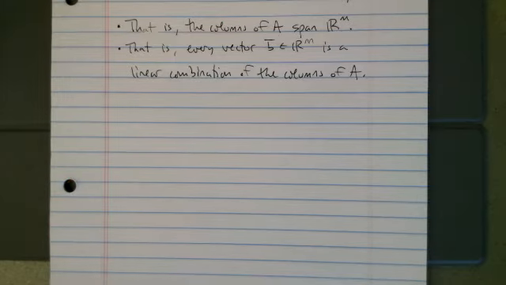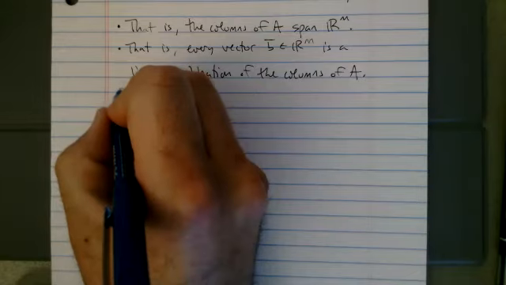So when A has a pivot in each row, that means the equation AX equals B is definitely consistent for all B in Rm. That means that the columns of A span Rm. And that means that every vector B is a linear combination of the columns of A. And then we're going to include with that, today we're going to talk about linear transformations. That's going to be the new thing that we read about.